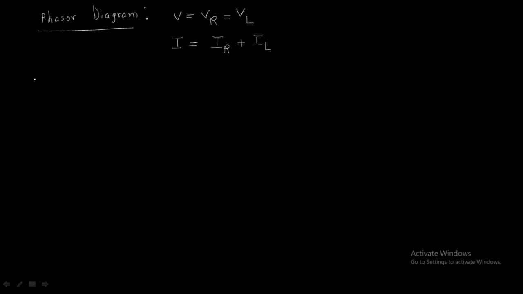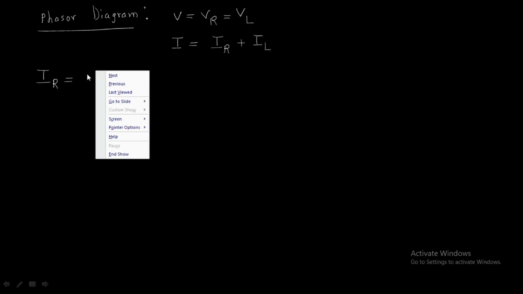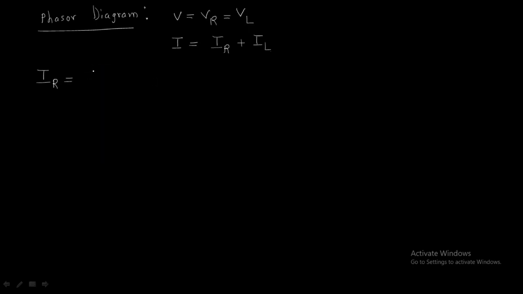The resistor current is IR max sin omega t. The inductor current equals the inductor current maximum into sin omega t minus pi by 2. These are the known equations.